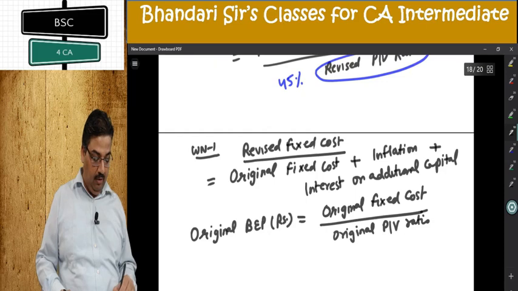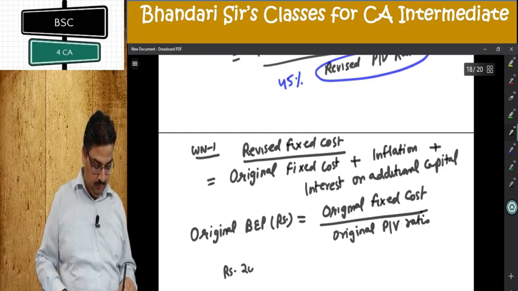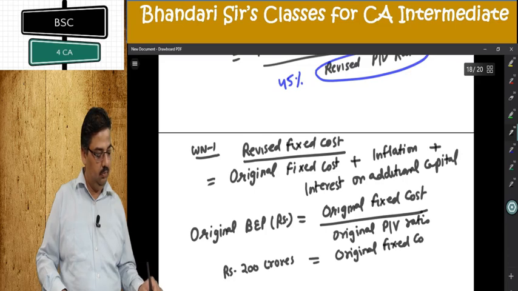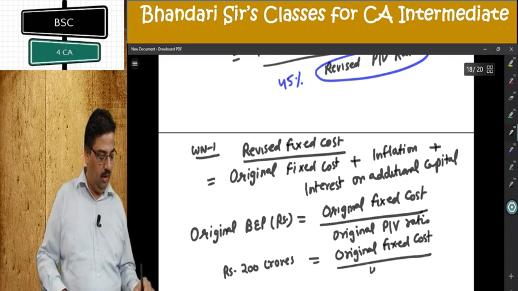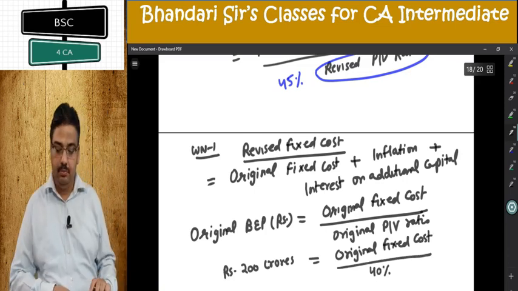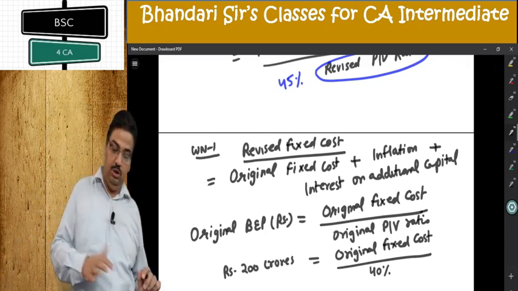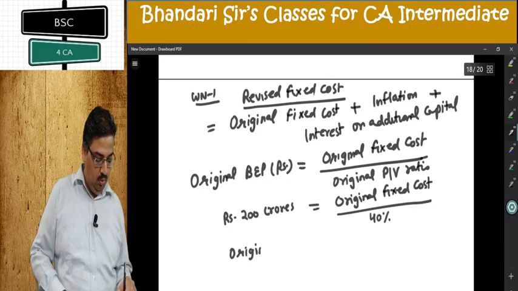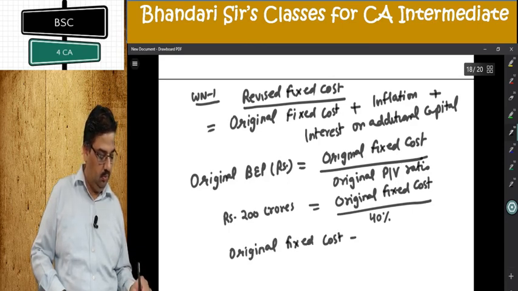Original break-even point given, rupees 200 crores, is equal to original fixed cost divided by 40%. 40% was original PV ratio. From there I get original fixed cost ₹80 crores.